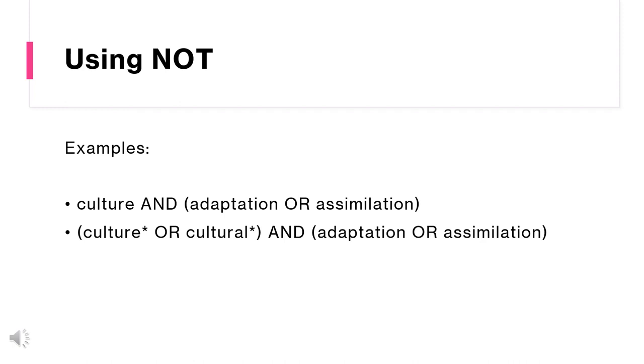Here are examples of these situations: culture AND adaptation OR assimilation. In order for the database to recognize that there is an OR there, we need to put adaptation OR assimilation inside the parentheses. Similarly, in the second example, we need to put inside the parentheses the terms culture OR cultural, and adaptation OR assimilation, for the database to recognize that these operations must be performed first, before the AND.